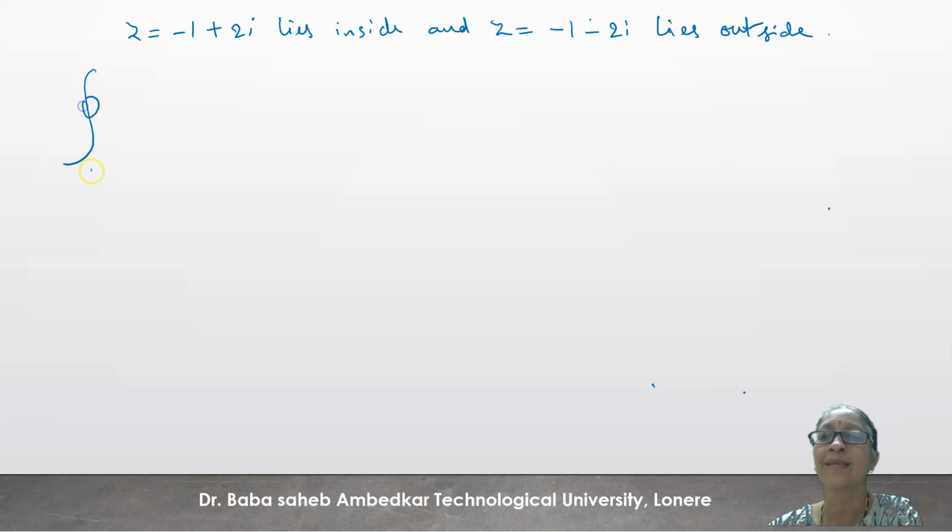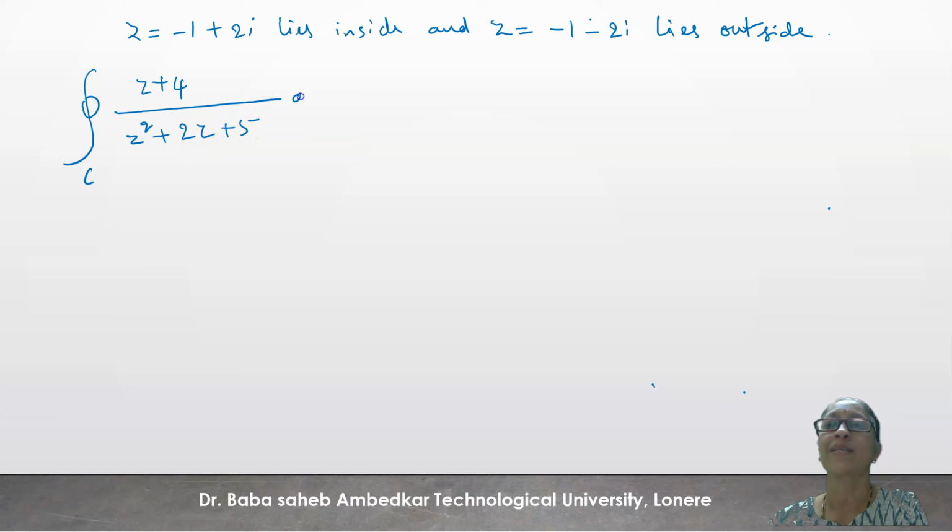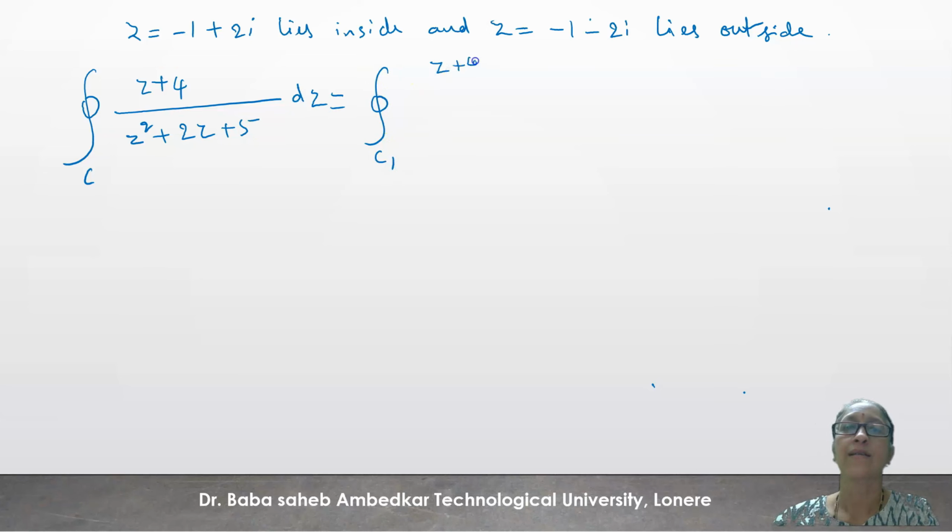So if we write the contour integral over C of (z plus 4) by (z square plus 2z plus 5) dz, what are the factors of z square plus 2z plus 5? Here we got z equals minus 1 plus or minus 2i.